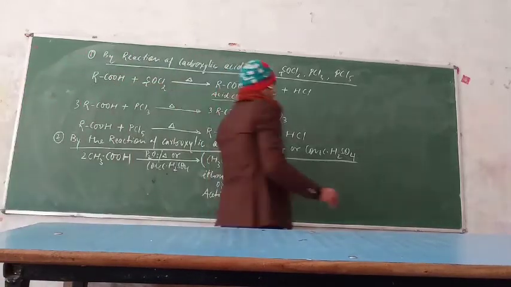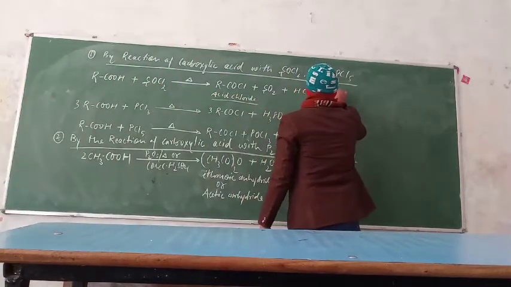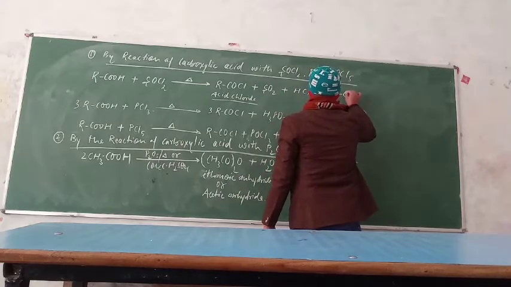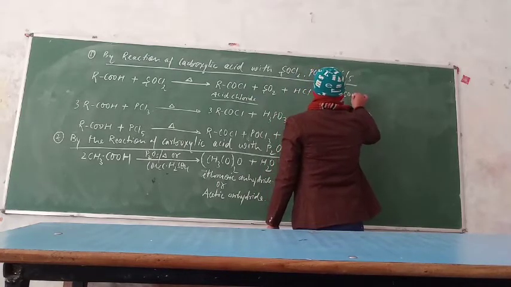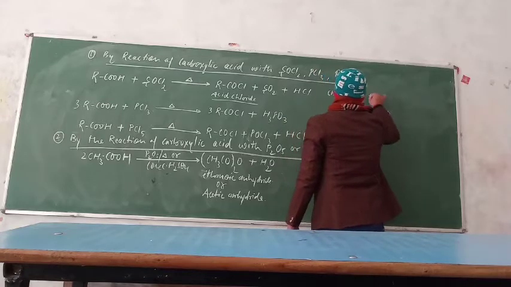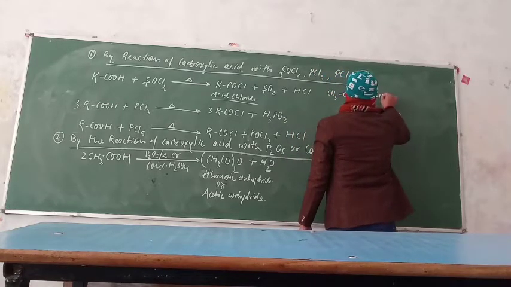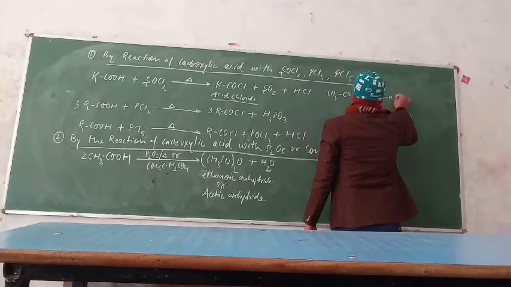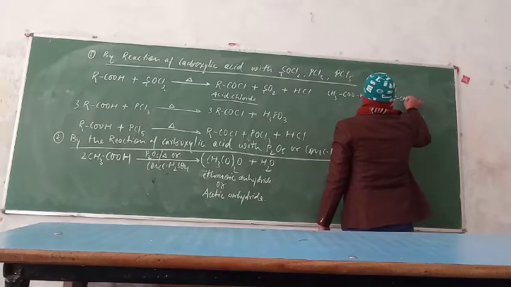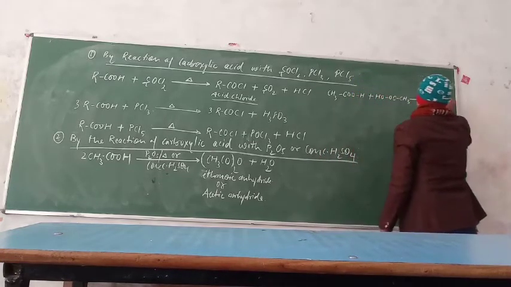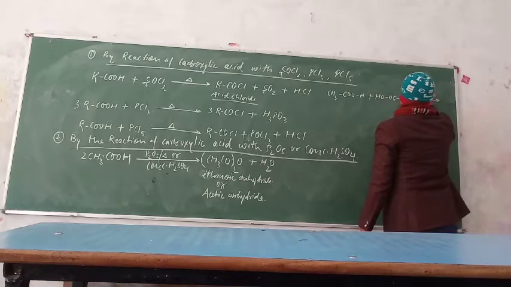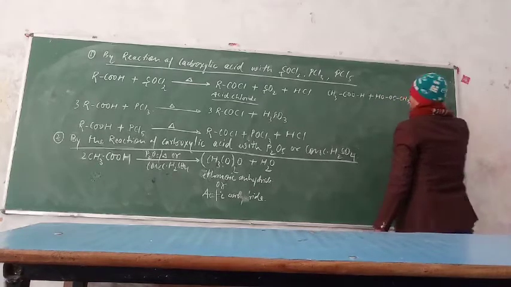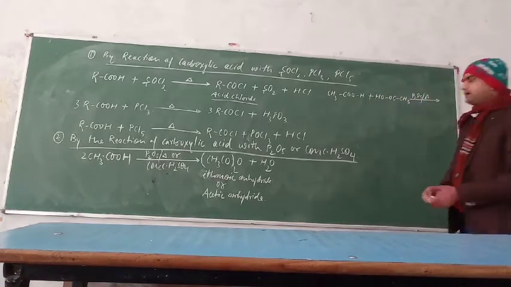How does this reaction occur? You can write like this: CH3COOH. This is the second molecule, and this is heated in the presence of phosphorus pentoxide.